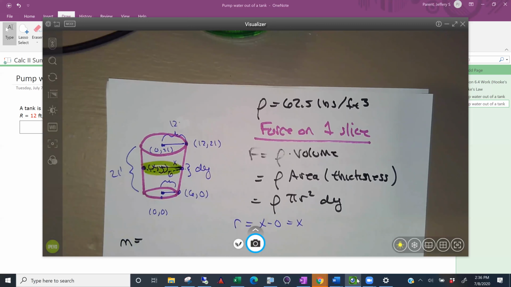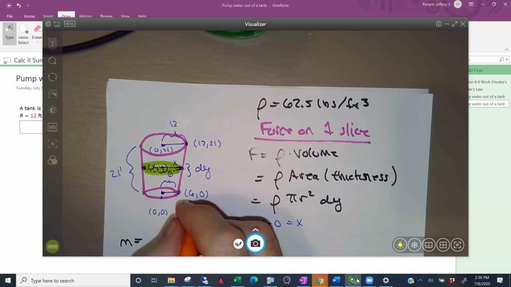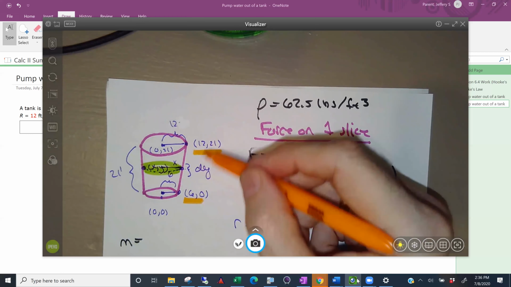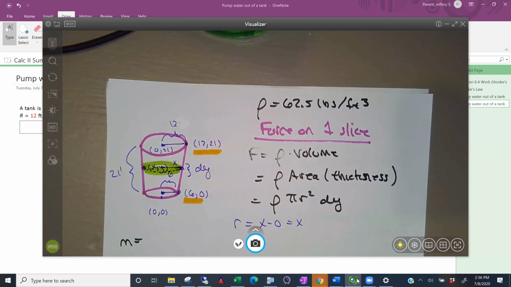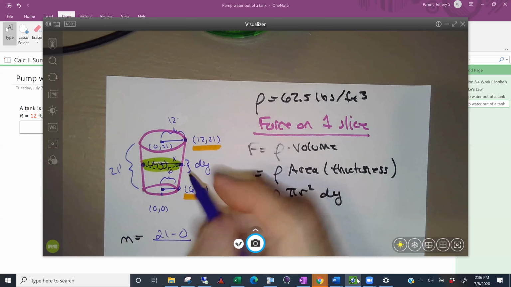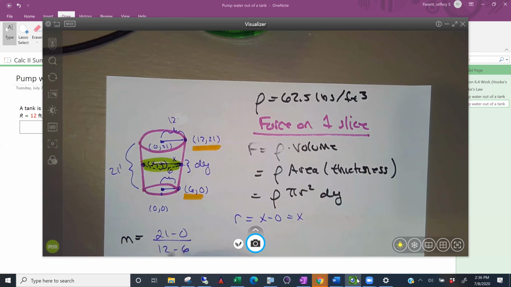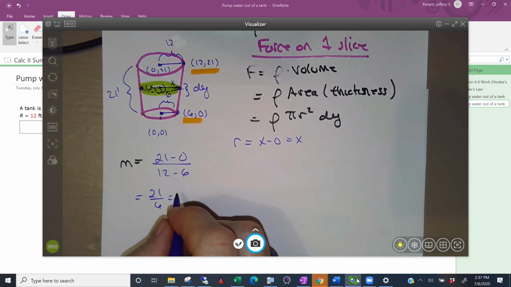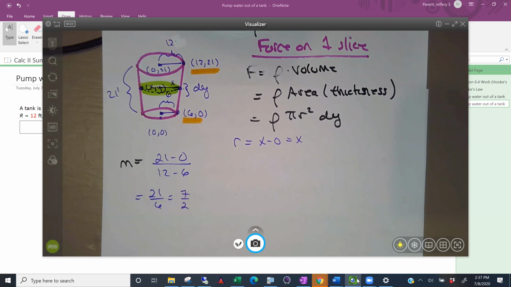So this is where I'm going to find the slope again. The points I want to concentrate on are this one and this one. So that's going to be 21 minus 0 over 12 minus 6, or in other words, 21 over 6, which reduces, dividing both by 3, to 7 over 2.